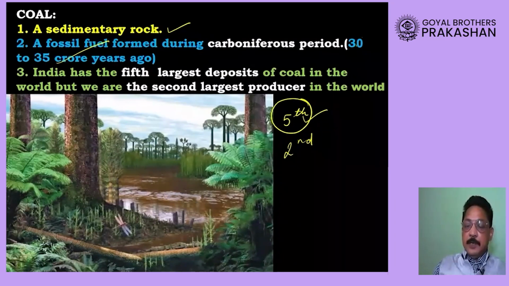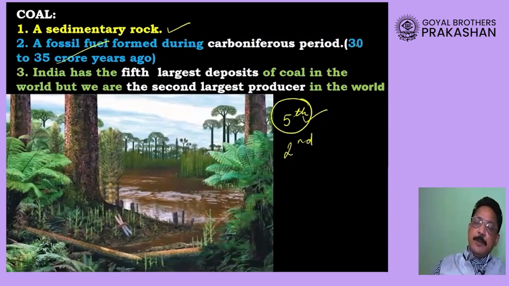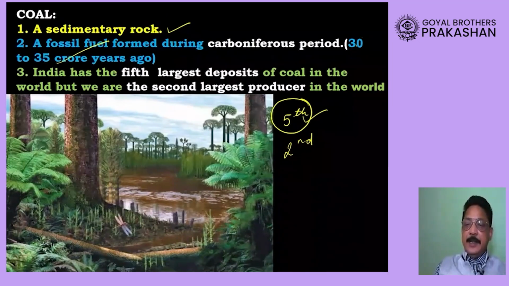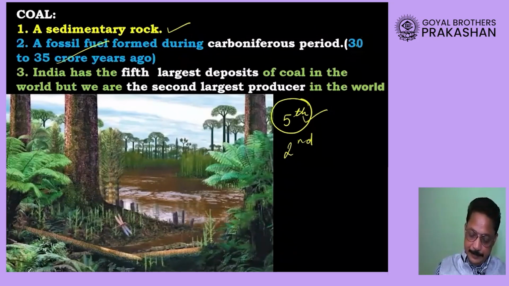But we are the 2nd largest producer. That means we are extracting a maximum amount of coal. The reason is our country's population is also very high, so we have to keep on extracting it in a large quantity in order to fulfill the demands of this very high population.